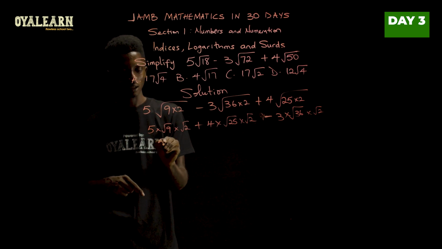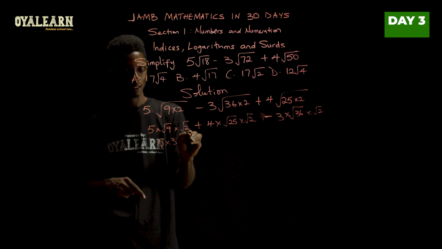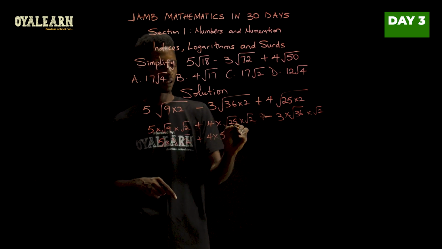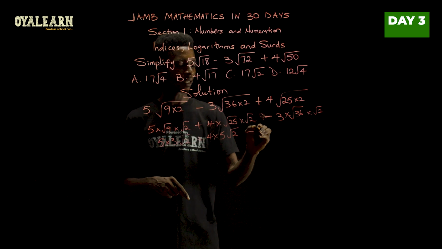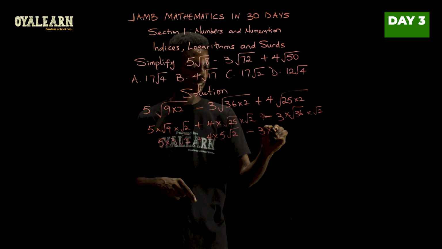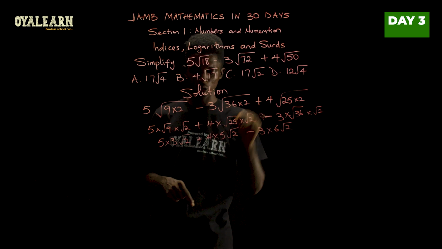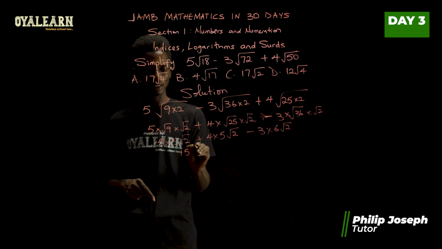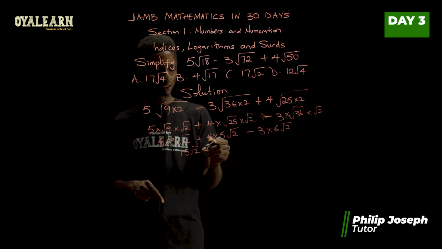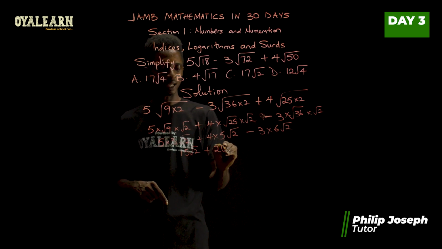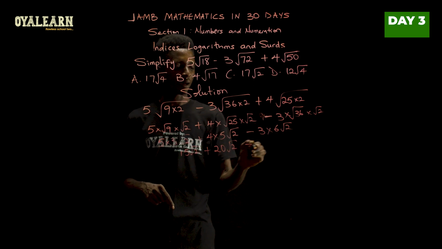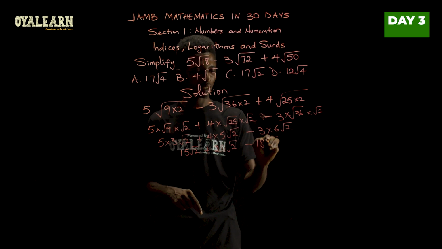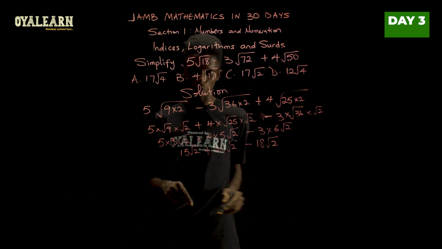Now, this will give us 5 times 3 surd 2 plus 4 times 5 surd 2 minus 3 times 6 surd 2. 5 times 3, that's 15 surd 2 plus 4 times 5, that's 20 surd 2 minus 3 times 6 is 18 surd 2.